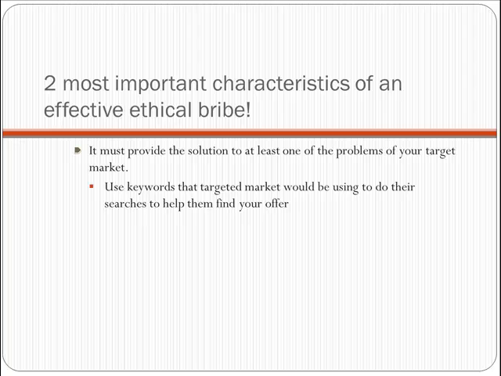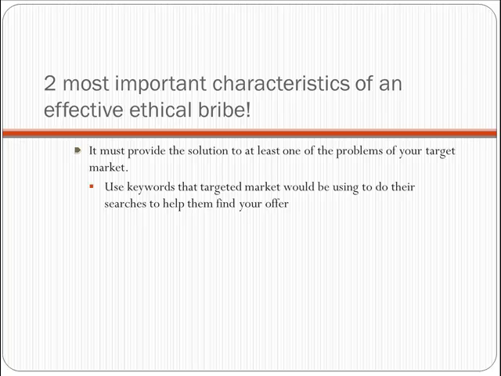Now, the two most important characteristics of an effective ethical bribe are: it must provide the solution to at least one of the problems of your target market. So you're going to have to do some research and know the problems. Your ethical bribe, to be effective, has to at least solve one problem of your target market. Use keywords that your target market would be using to do their searches to help them find your offer.